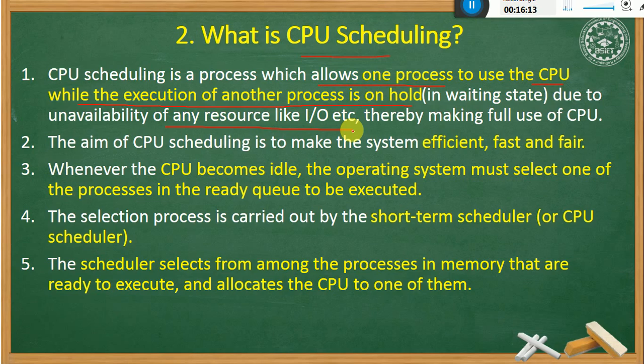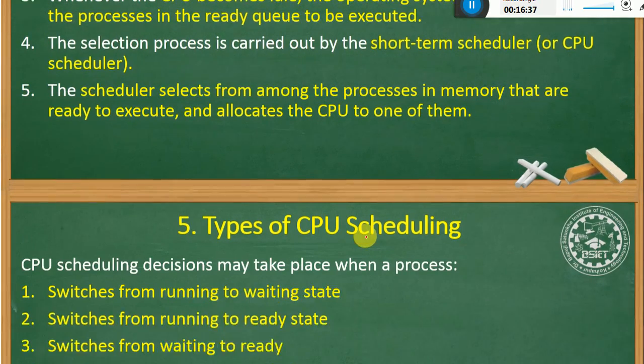We select a process from the ready queue while the process in execution is waiting for the I/O devices. That concept is called CPU scheduling. It reduces CPU idle time, increases efficiency, and gives faster execution.